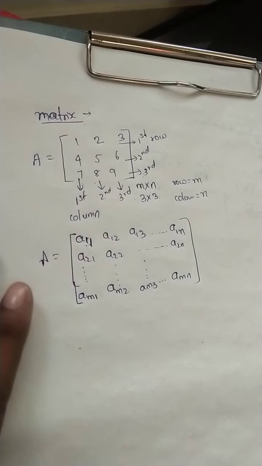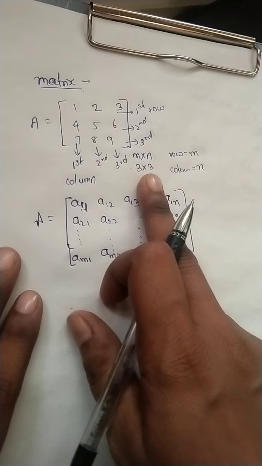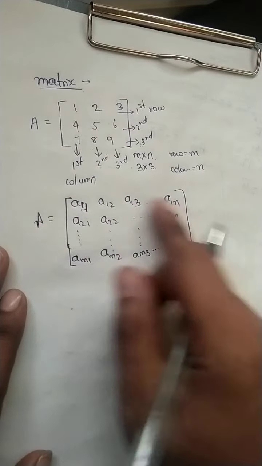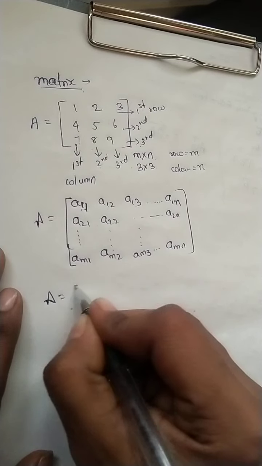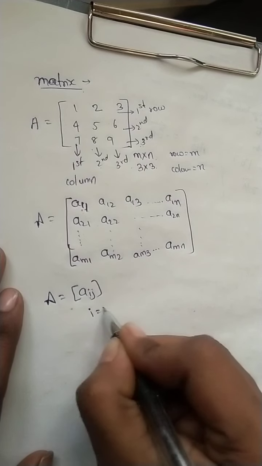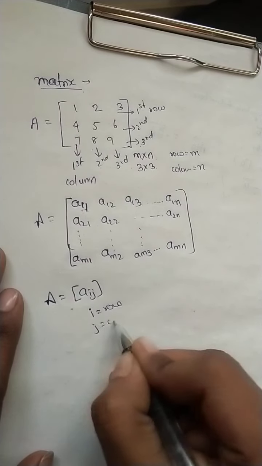Now I have already explained the order of the matrix, and if you represent it like this, it can be written as A equals A of ij. Here the i value is the row number and the j value is the column number.